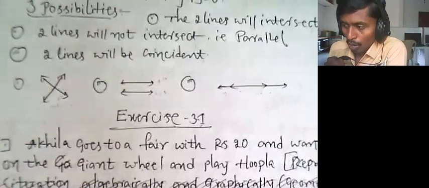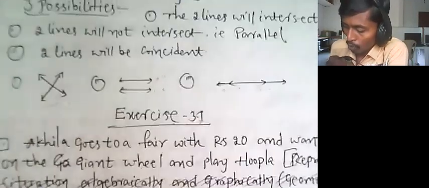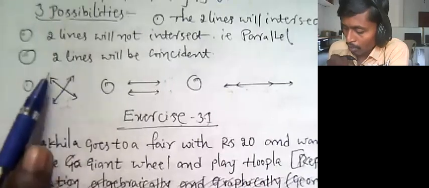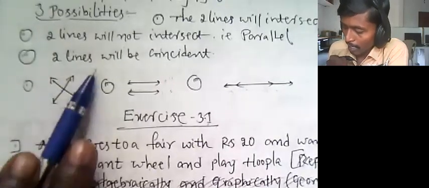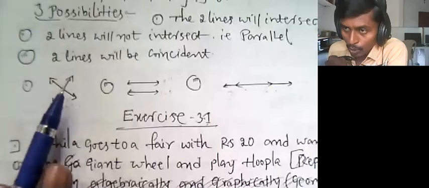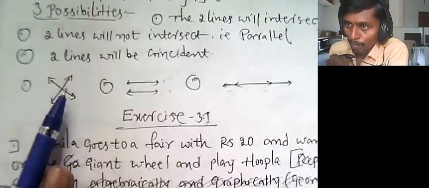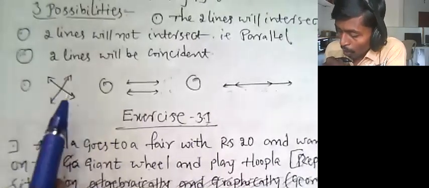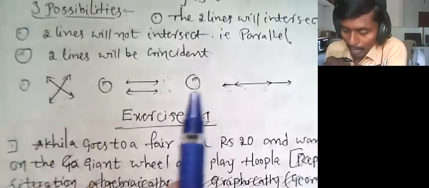I will show how to plot the graph. If the two straight lines are like this, it means they intersect each other at one point. This is one possibility. Means we are studying what type of graph we are getting.